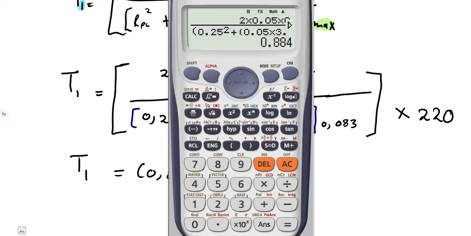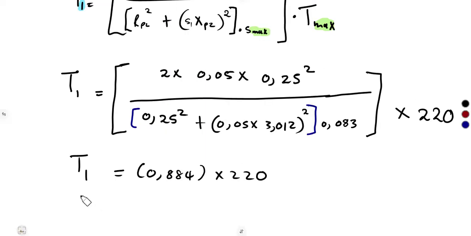So multiplying by 220 gives us 194.480. That's our torque in that case, 194.48 Newton meters.